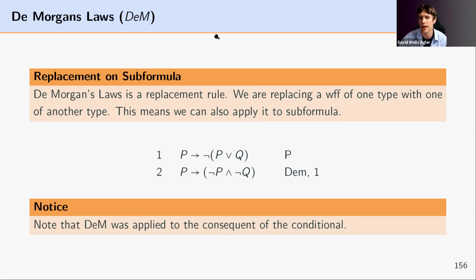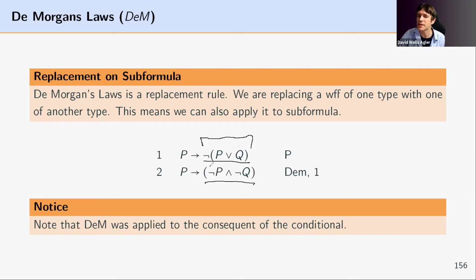So we don't actually have a disjunction or a negated disjunction as the whole formula, but as part of that conditional, what do you see? You see the consequent of this conditional. So a subformula of a larger formula is a negated disjunction. And so what you could do if you wanted to is apply DeMorgan's laws to this part. You can replace it with a formula that says the exact same thing, but in a different way.